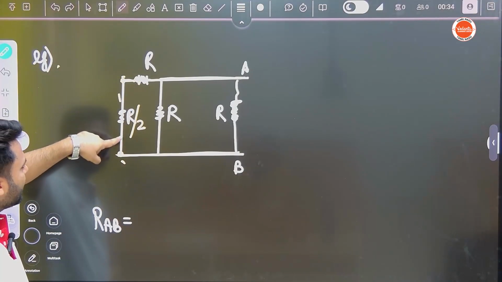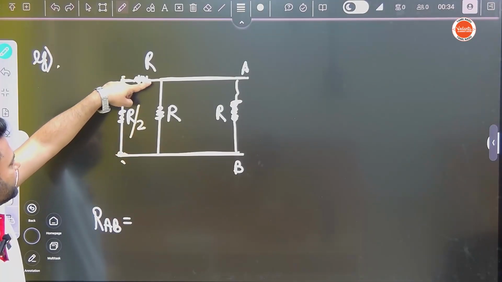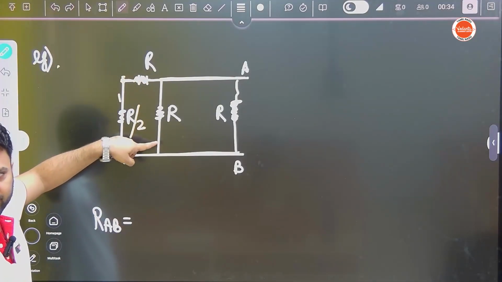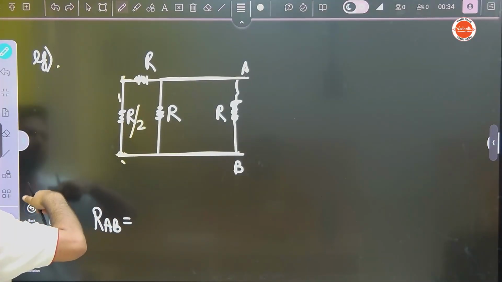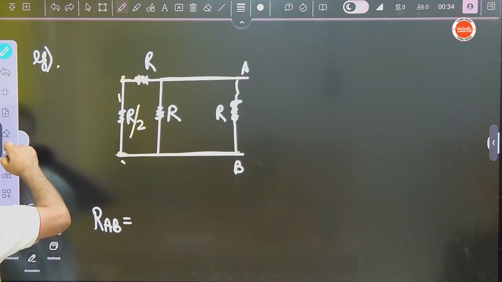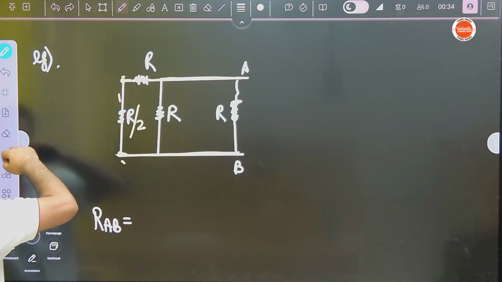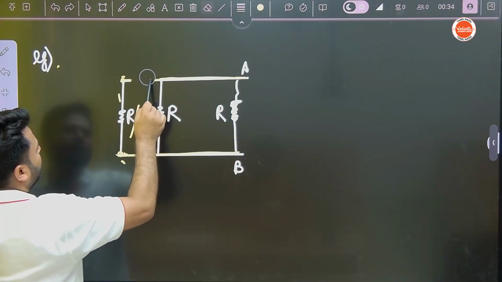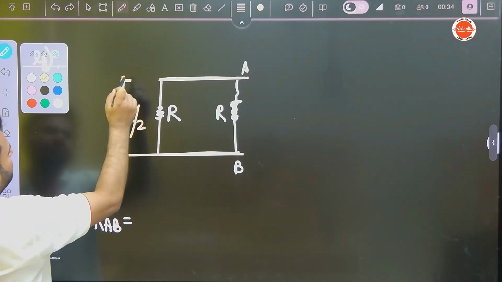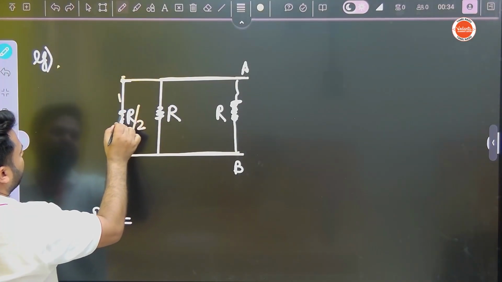This R and this R by 2 are in series, back to back, see? Series. So R plus R by 2, 3R by 2. So remove this and the equivalent will be 3R by 2.